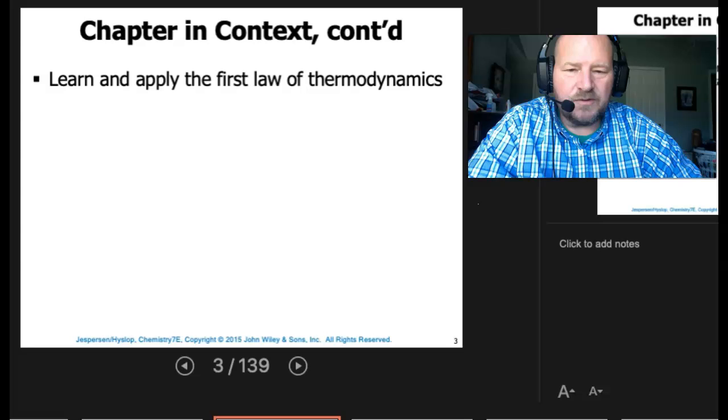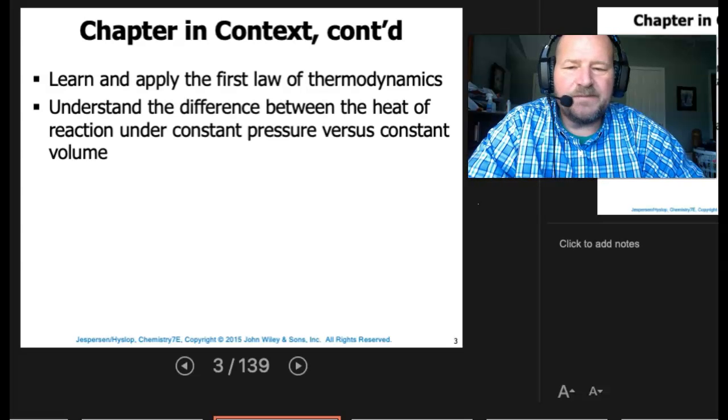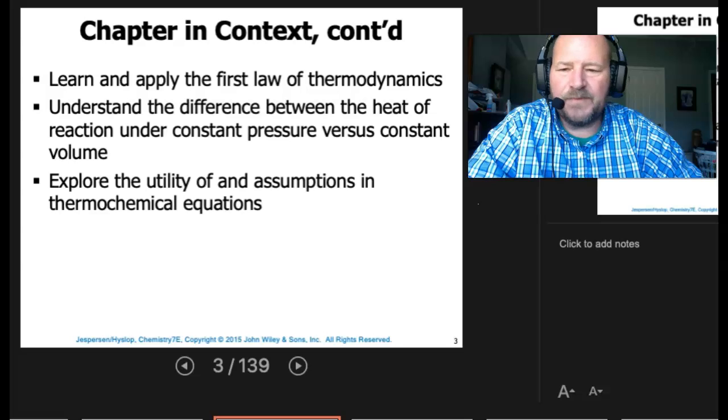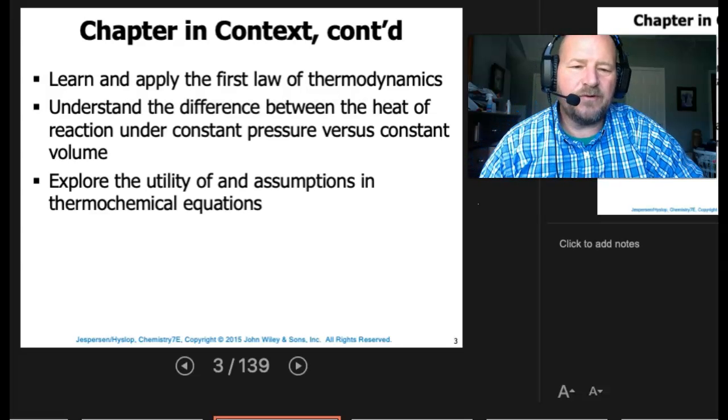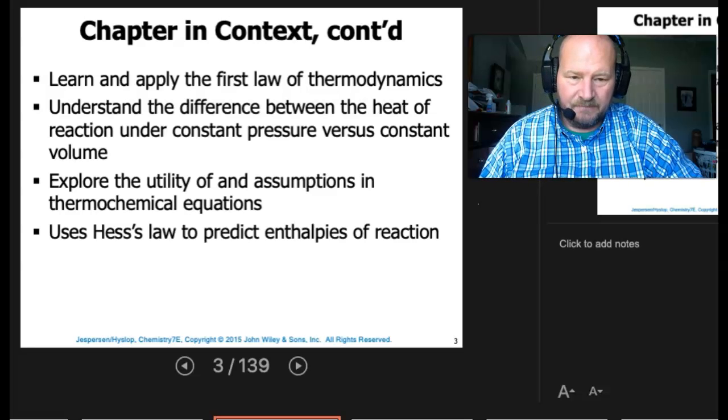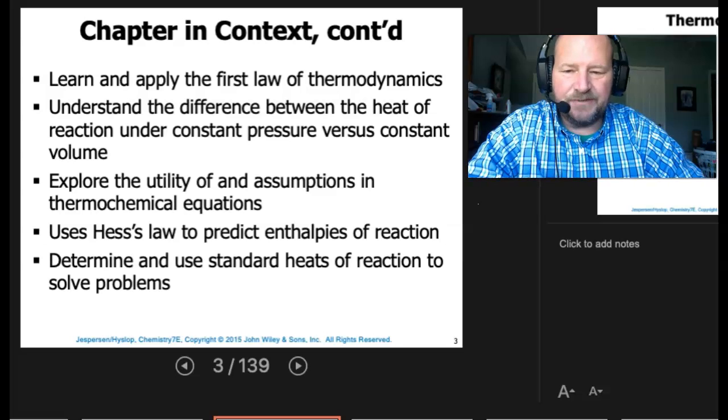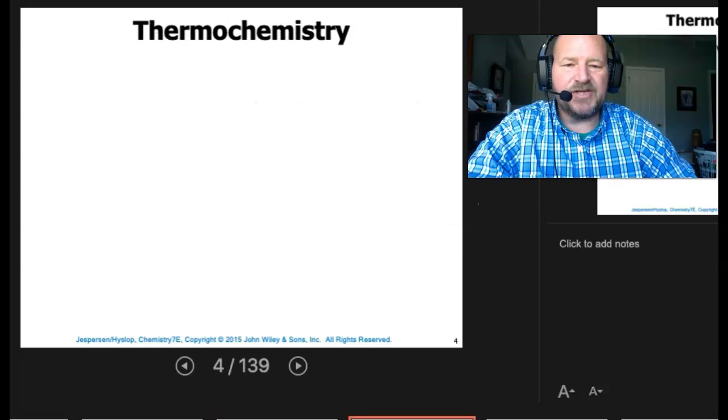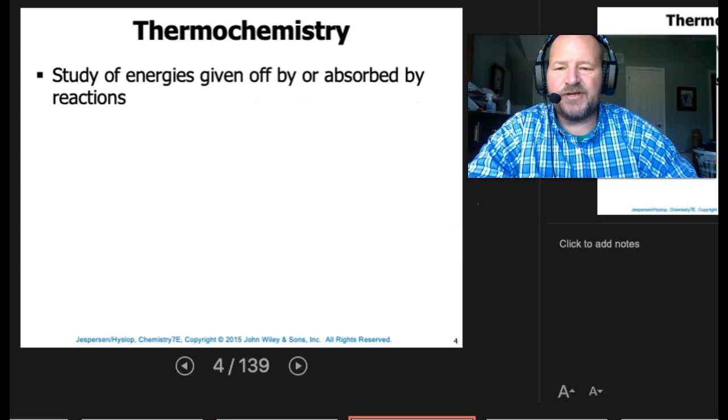After that, we'll learn to apply the first law of thermodynamics, understand the difference between heat of a reaction under constant pressure versus constant volume, explore the utility of and assumptions in thermochemical equations, and then we'll get to Hess's law and be able to predict the enthalpies of reaction, and then use the standard heats of reaction to solve problems. So obviously the chapter is going to be based on thermochemistry.